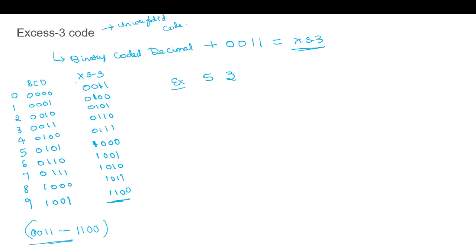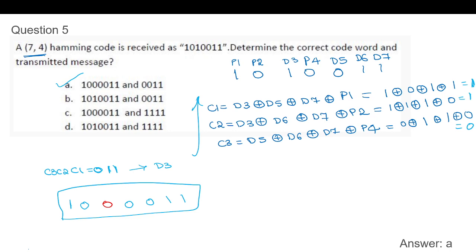Yes, ma'am, I have a doubt. Yes, please. Ma'am, the last question we were asked to determine the correct code and the transmitted code. So the correct code is 4 zeros and 1 1. Is it the same code for the transmitted code?